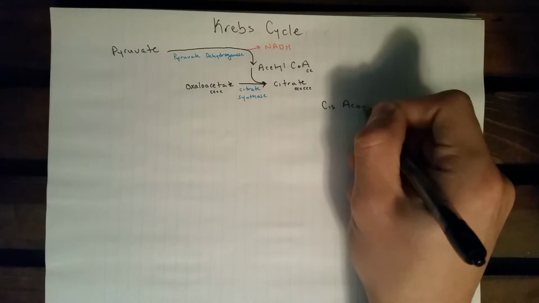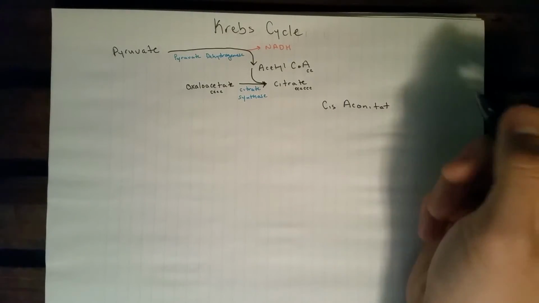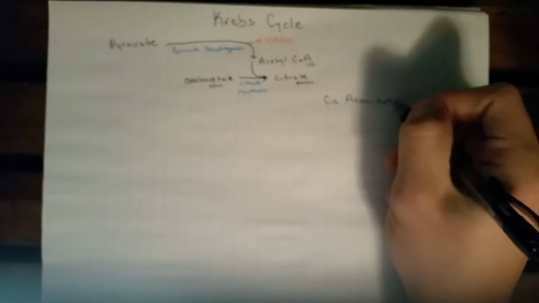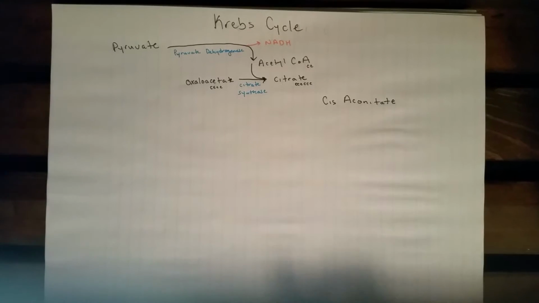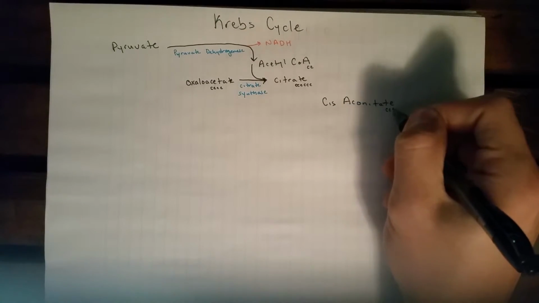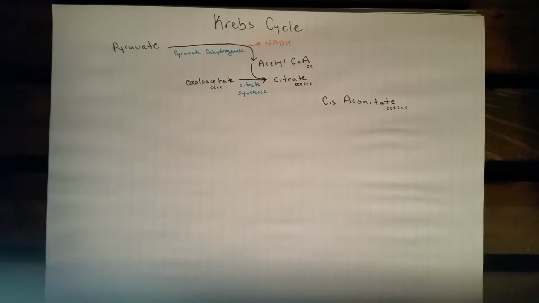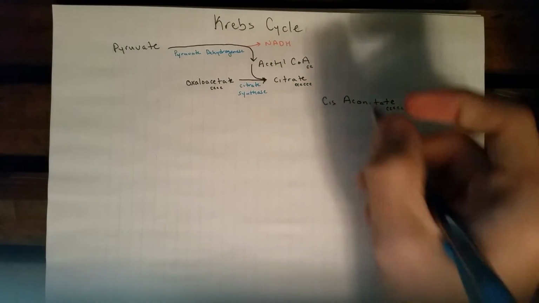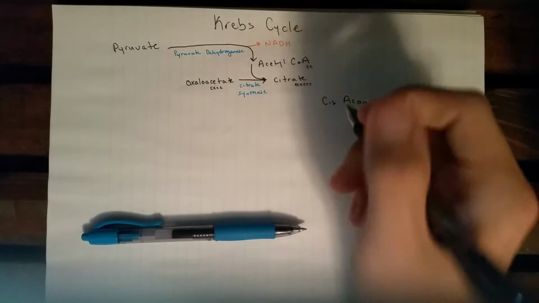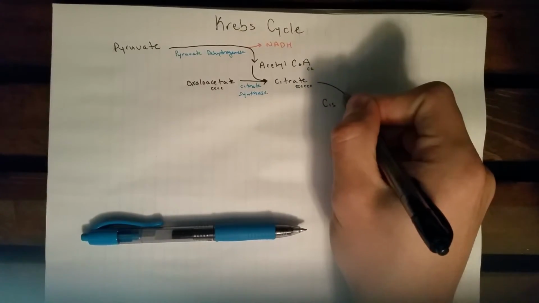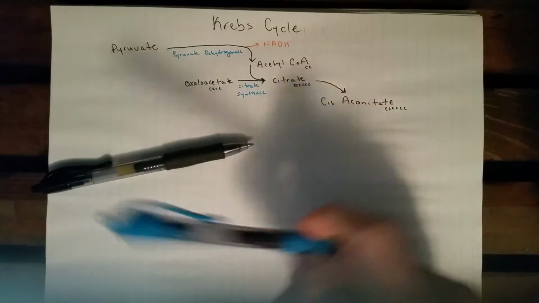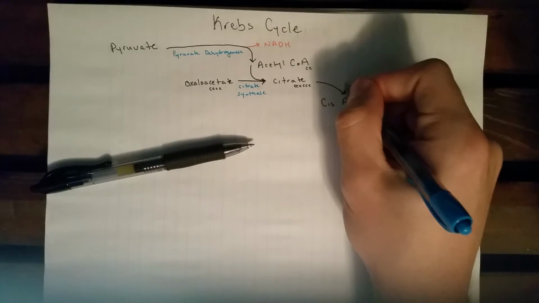cis-aconitate. There we go. Which remains a 6-carbon: 2, 3, 4, 5, 6 right there. And that happens thanks to, let's draw an arrow to get this circle rolling, the enzyme aconitase.